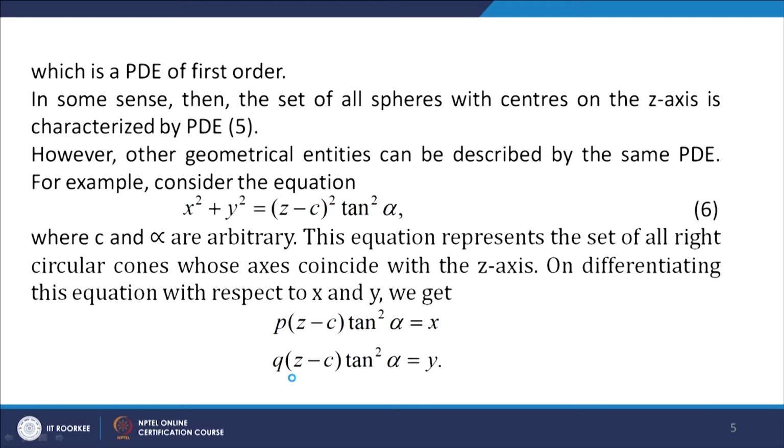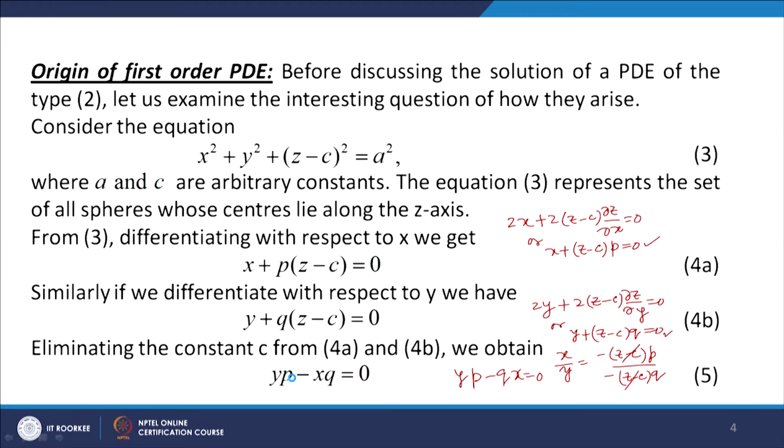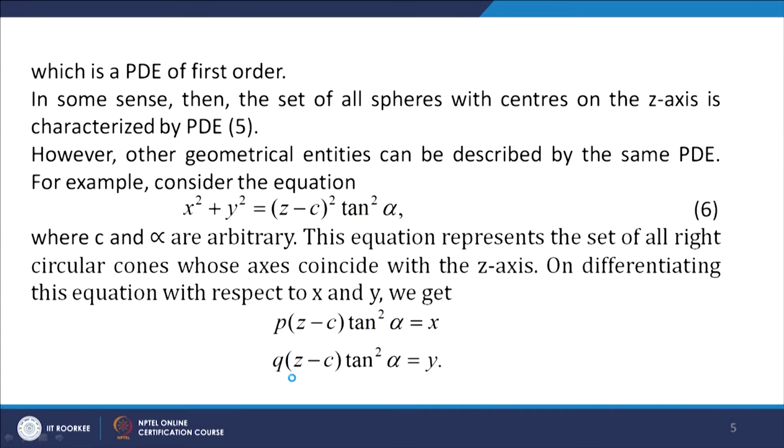Now, in some sense, the set of all spheres whose centers lie on the z axis, here we are taking them as (0, 0, c), is characterized by the partial differential equation yp − xq = 0. Now, we shall see that other geometrical entities like x² + y² = (z − c)² tan² α represent the set of all right circular cones whose axis coincide with the z axis.